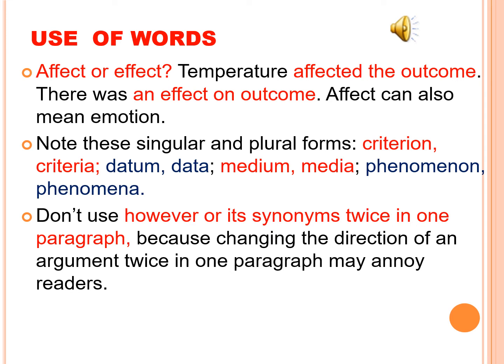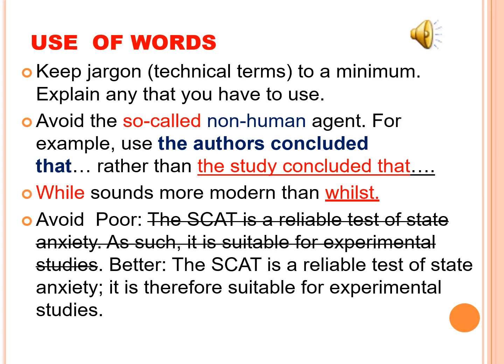Don't use however or its synonyms twice in one paragraph, because changing the direction of an argument twice in one paragraph may annoy the readers. Keep jargon words to a minimum, which means technical, complicated words.